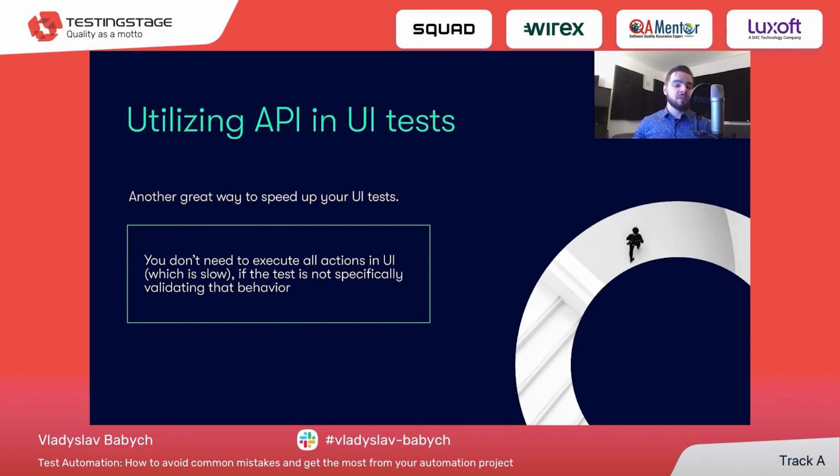But logging in through UI takes like 5 seconds, right? You need to open a browser, you need to input credentials, you need to click login. And let's say you have 200 tests for the shopping page. And for each of those tests, you're going in and logging in manually using Selenium. And even if it's just 5 seconds or 3 seconds, for 200 tests, it's a lot of time.